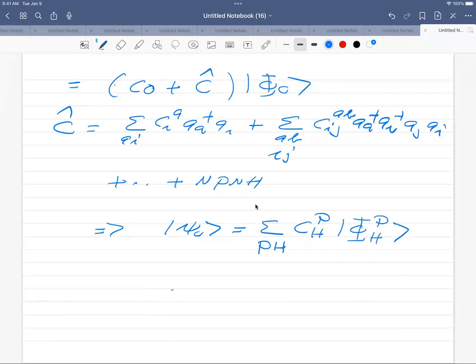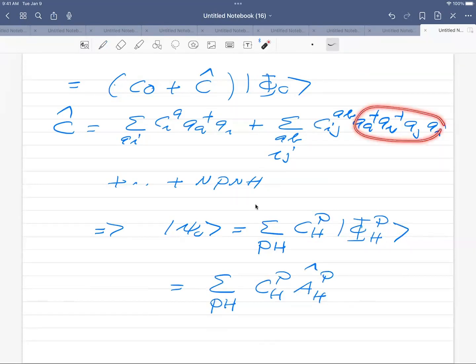And as you saw, we can rewrite this now as a particle hole, and then I have this coefficient C_HP, and then I have the set of creation and annihilation operators. If I have a 2 particle, 2 hole, it's going to be given by these 4 guys. That will be this operator. If I have a 1 particle, 1 hole, then this operator is given by that one, et cetera. That sound reasonable? These are just redefinitions.